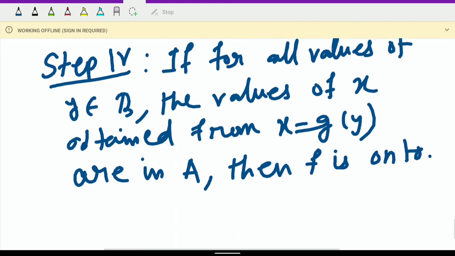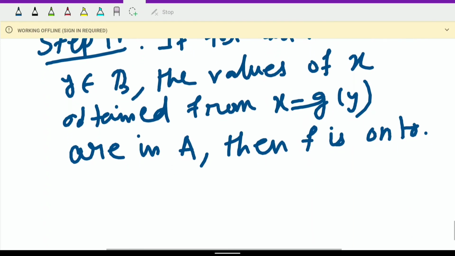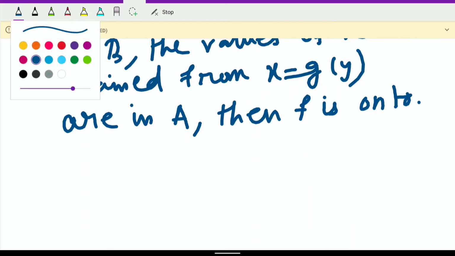Why? Because for all values of y, the values of x obtained from x equals g of y are in A. That means every element in set B has its pre-images in A. So then f is obviously an onto function.